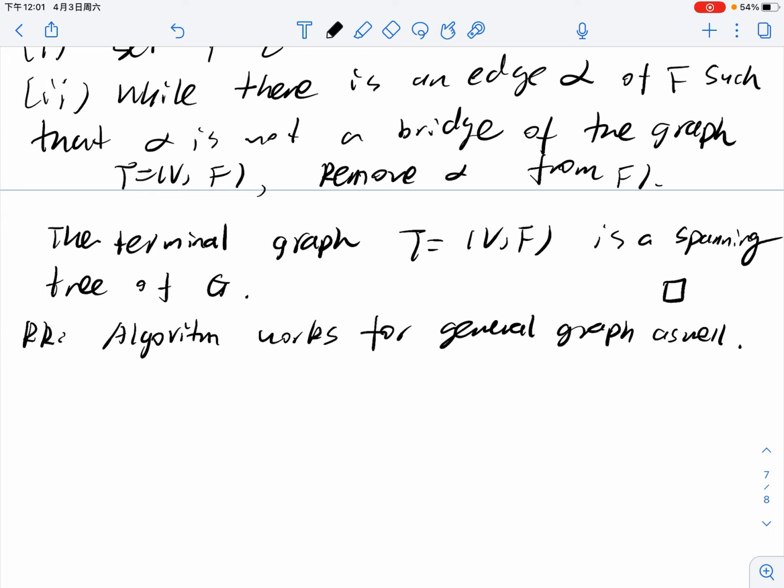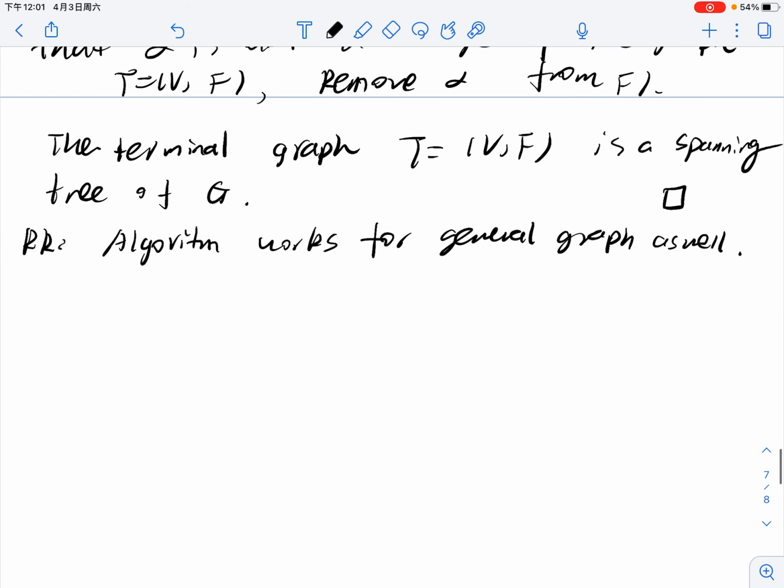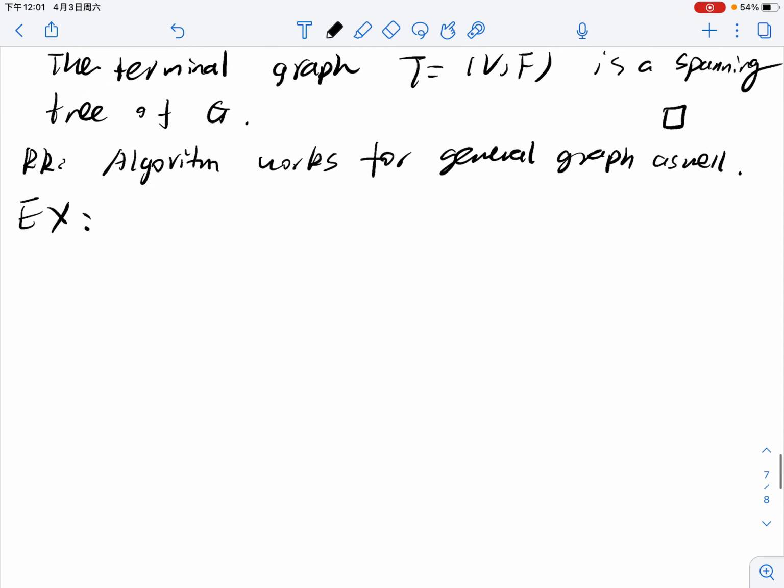Or you might have a loop around the same point, and according to our definition, this is also a non-bridge edge, so you can also remove it. So what this algorithm does at first might be just to reduce your general graph to a simple graph. Okay, and now let's look at one example which shows how this algorithm works.